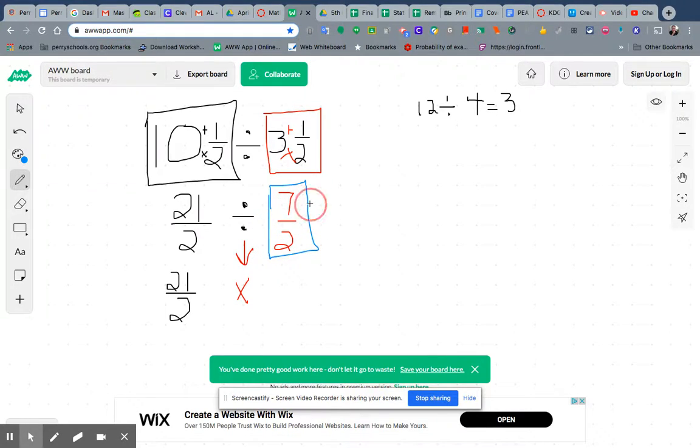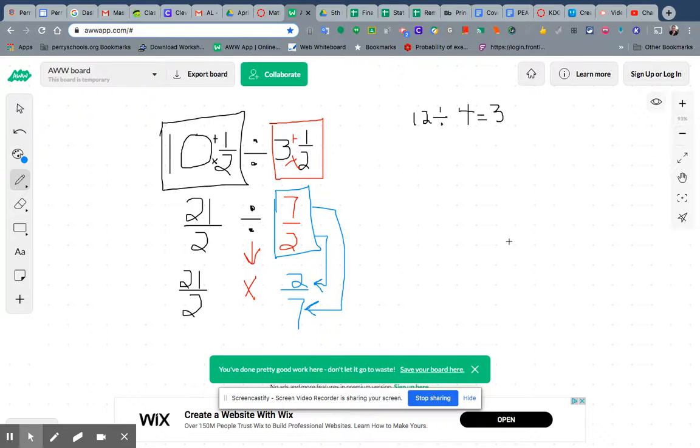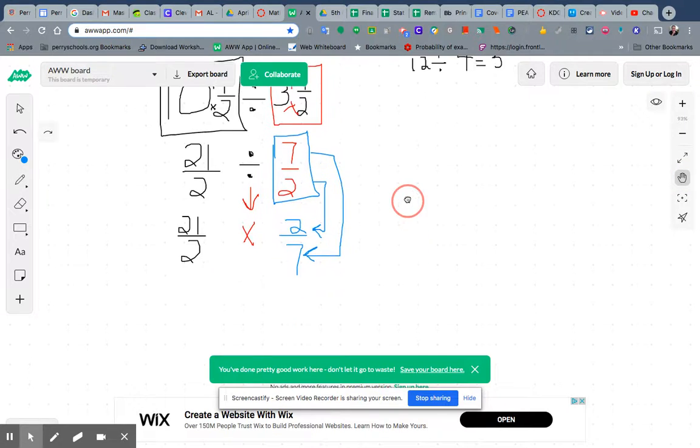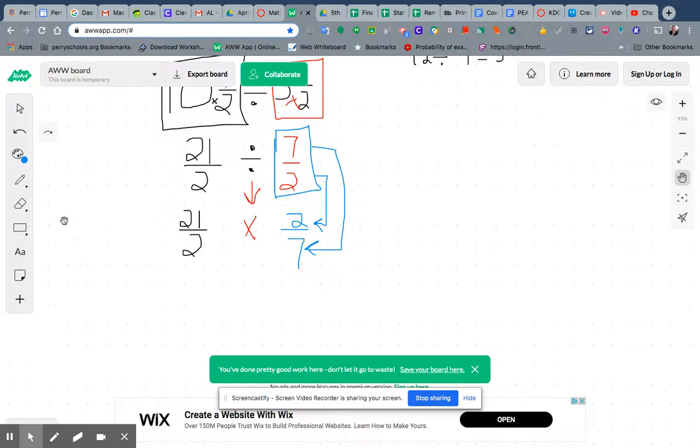The numerator becomes the denominator, which is 7, and the denominator becomes the numerator, which is 2, and now I have my problem that I need to solve, which is 21 over 2 times 2 over 7.